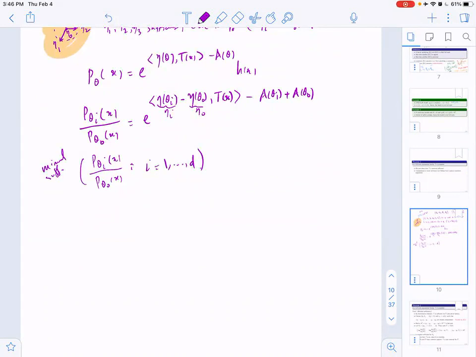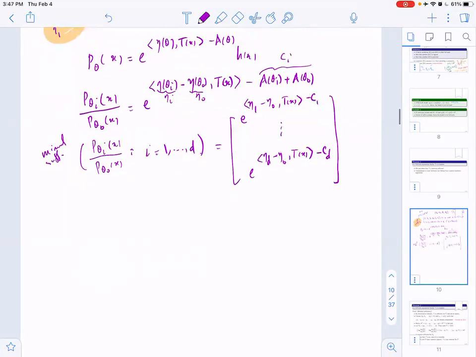This is basically, if you write it, let's call this C_i. So what I would get is e to the (eta_i minus eta_0)^T t(x) minus c_1 up to e to the (eta_d minus eta_0)^T t(x) minus c_d.